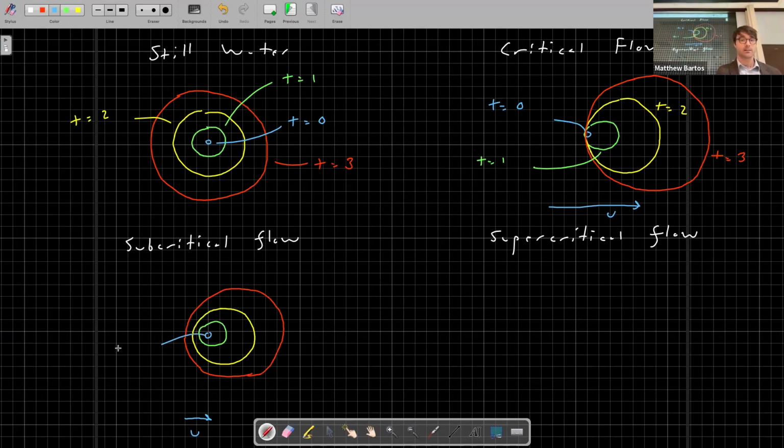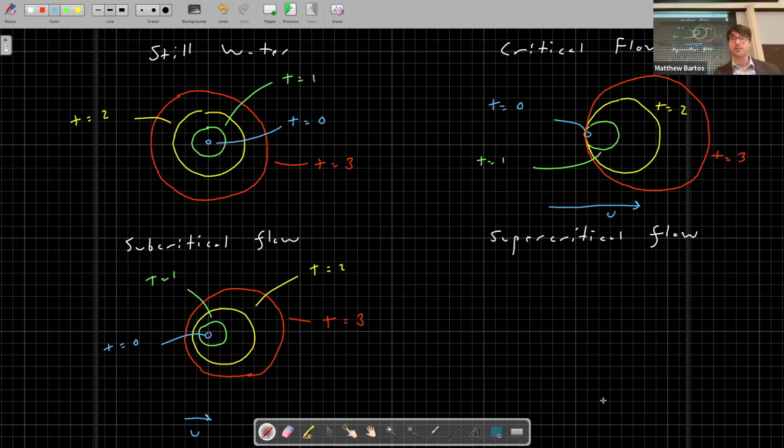And again, this is t equal to 0. Green is t equal to 1. Yellow is t equal to 2. Red is t equal to 3.